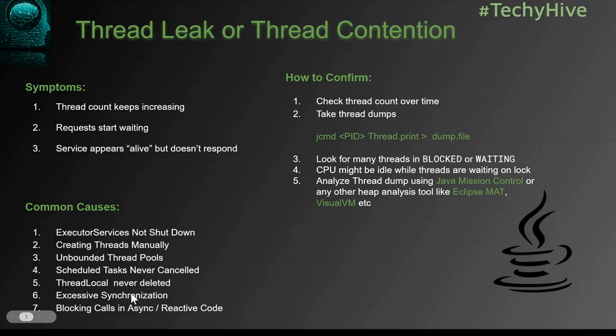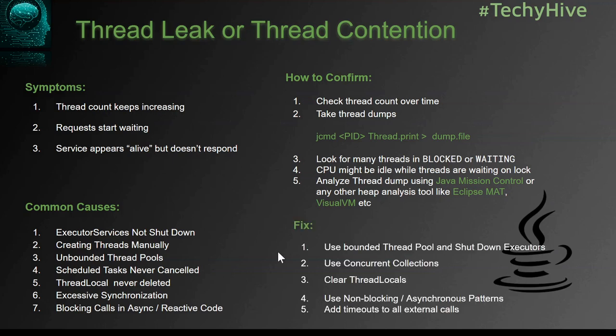Sometimes we use excessive synchronization for synchronizing the resources, and because of that thread leak or thread contention happens. Blocking code in async or reactive code. Sometimes we use blocking code in async or reactive code, so we should avoid blocking calls in async or reactive code.